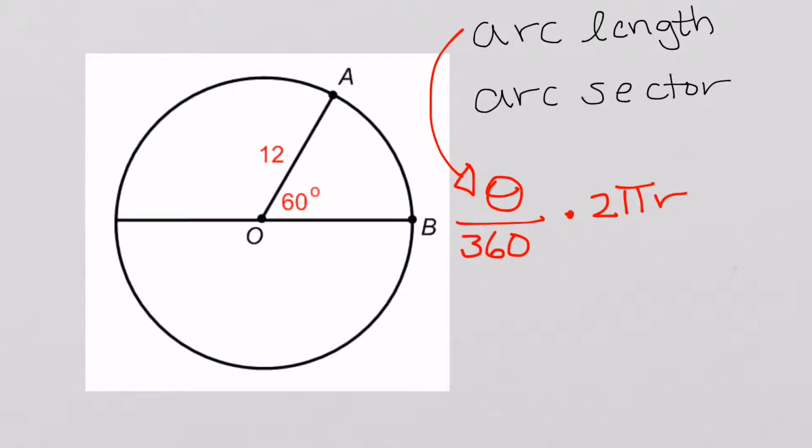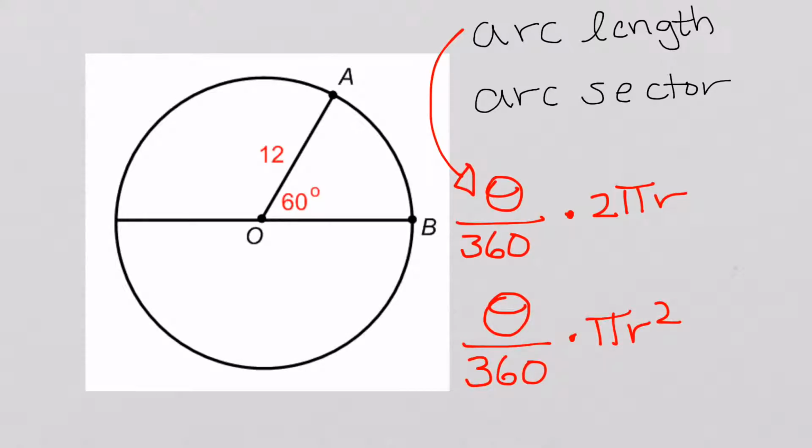Now, if we're talking about arc sector, it's the same idea. We want to know which piece we're talking about, so we take the central angle divided by 360. But because we're talking about the sector, the area, we're not going to multiply by 2 pi r, we're going to multiply by pi r squared.